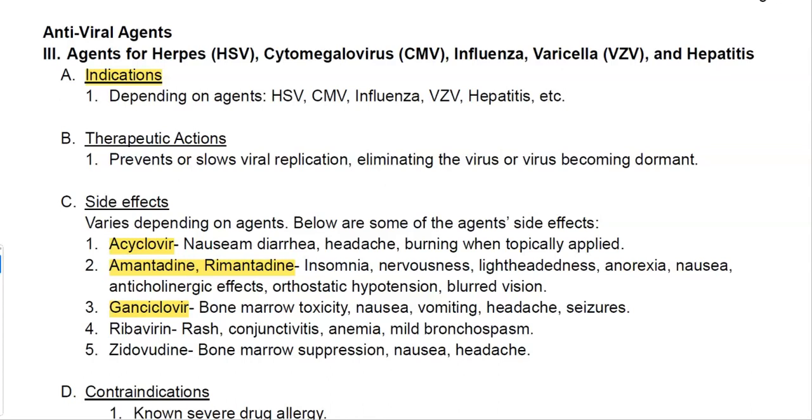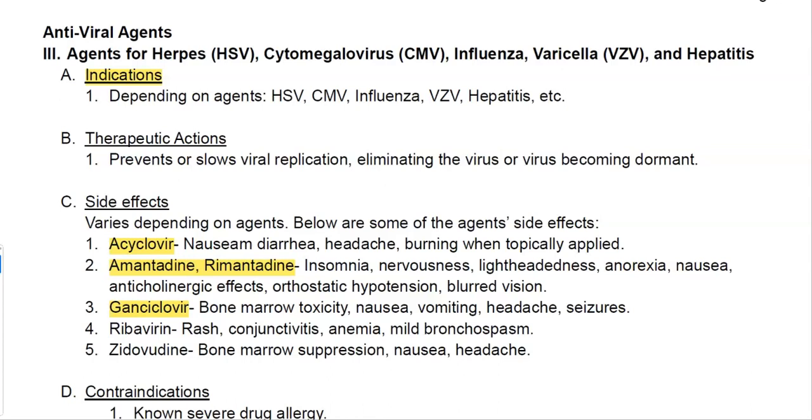Side effects are dependent on the agent. So please know the highlighted ones, but depending on which medication we are talking about, it may have a variation of side effects. Acyclovir can cause nausea, diarrhea, headache, burning when topically applied.